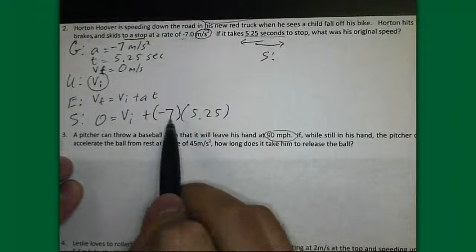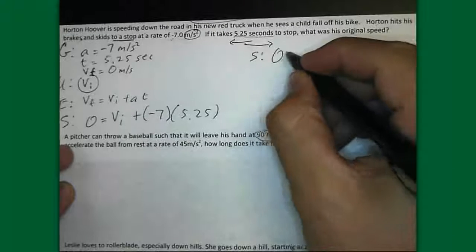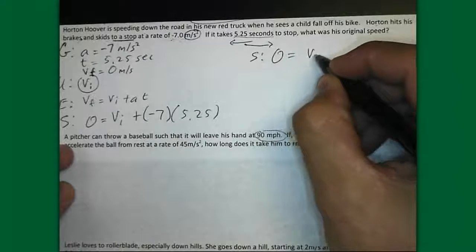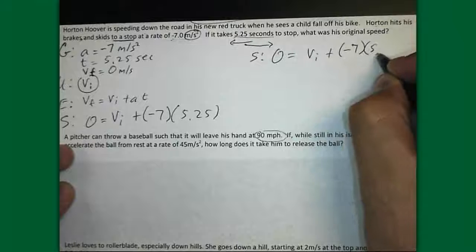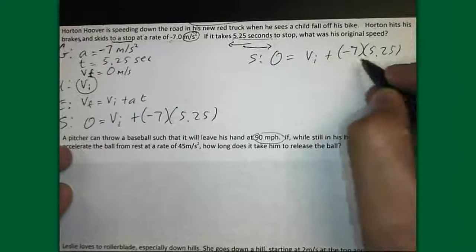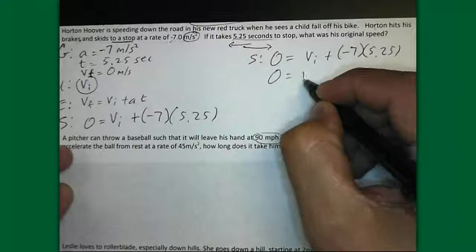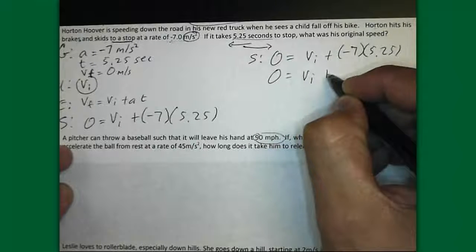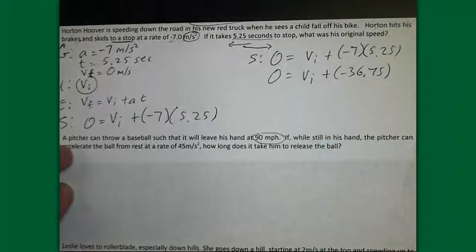To do that, I've got to multiply 7 and 5.25. I might just go ahead and rewrite this up here: VI plus -7 times 5.25. 7 times 5.25 is 36.75, and it's negative because we have our negative here.